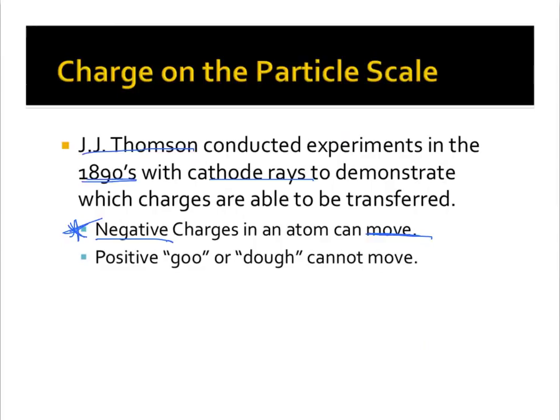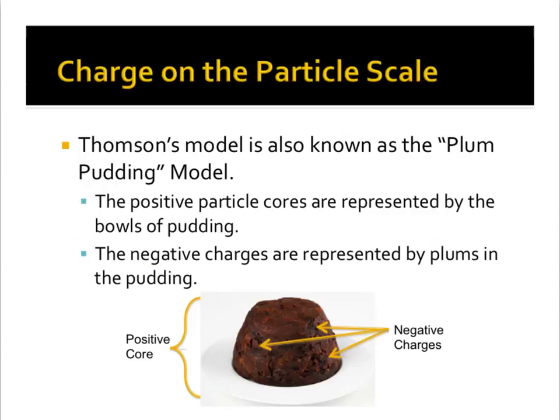He then decided that the rest of it was positive. So you have kind of this positive mass or goo or dough with little negative charges tucked in and around. He called this the plum pudding model, which is pretty gross.